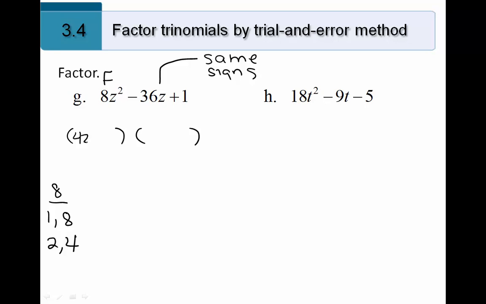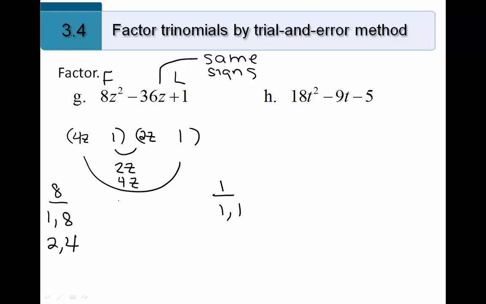So 4z multiplied by 2z. I look at my L. Factors of 1. Alright, so 1 times 2z is 2z, and 4z times 1 is 4z.